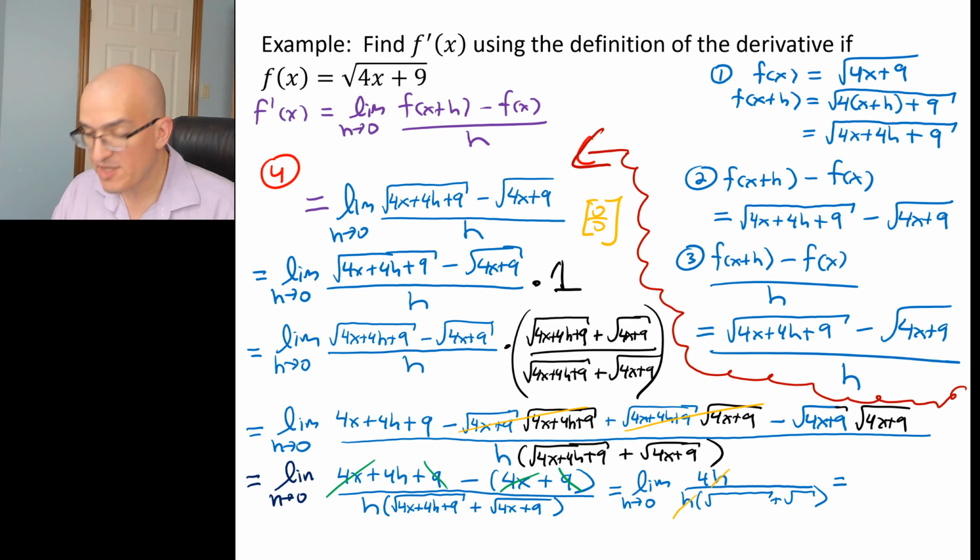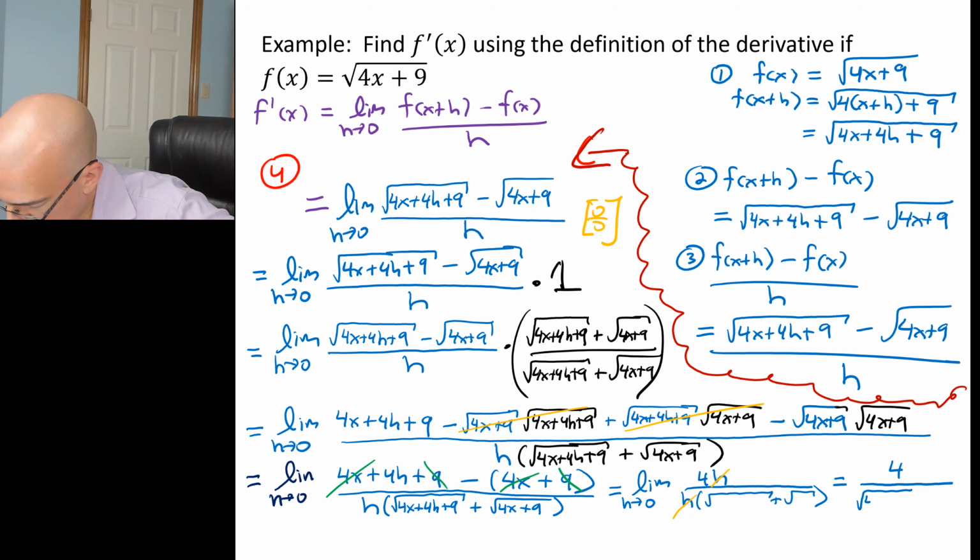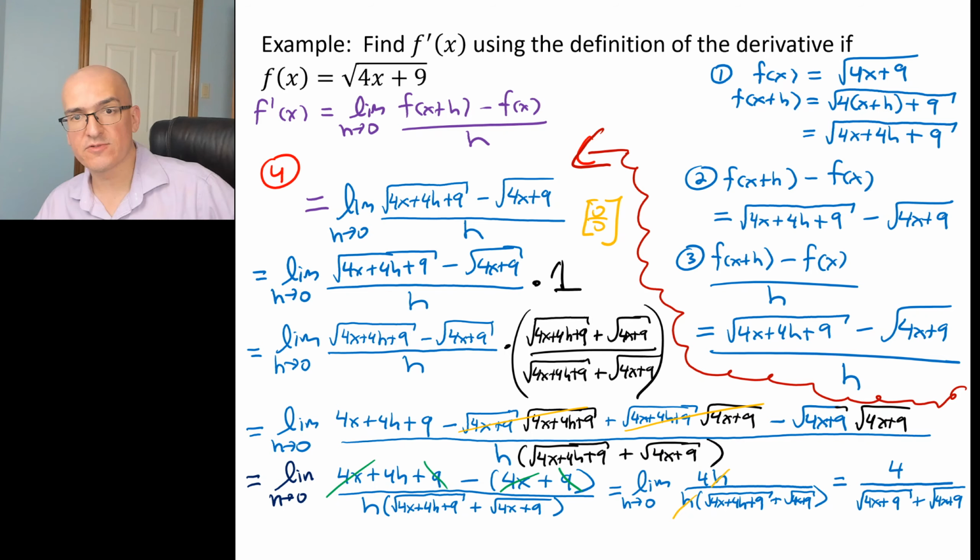We get 4 divided by square root of 4x plus 9 plus another one of the same thing, plus the square root of 4x plus 9. So that's 2 of those things. Something plus itself is 2 of that thing.